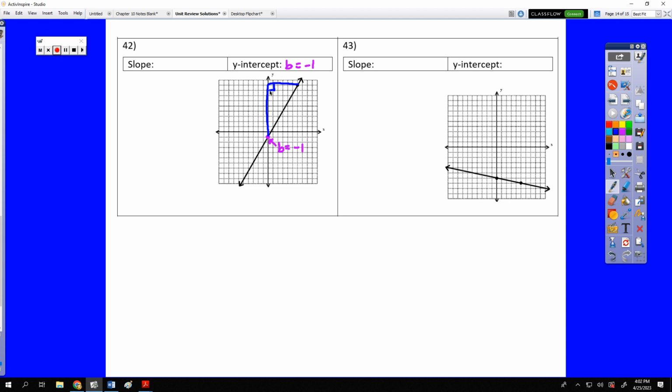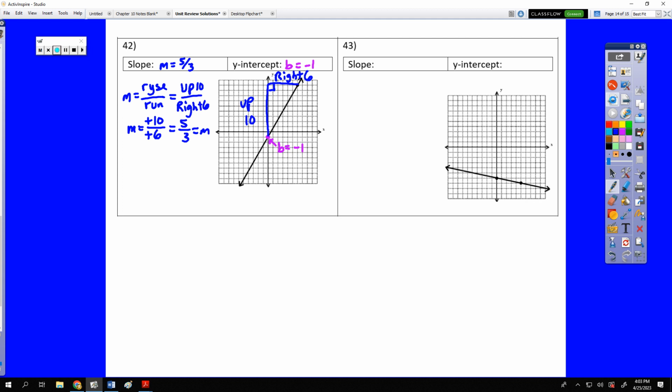To get from the y-intercept to the next indicated point, we need to go up 10 and right 6. That would be a slope of 10 over 6, which reduces to 5 over 3. So our slope is 5 over 3.